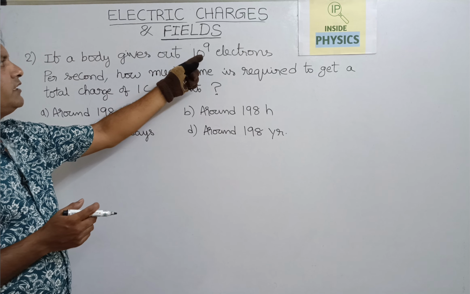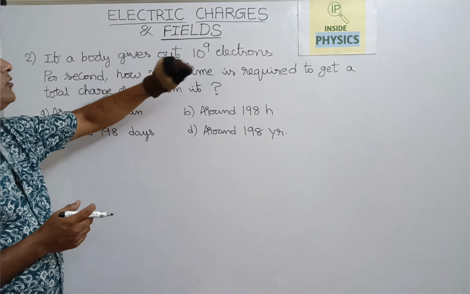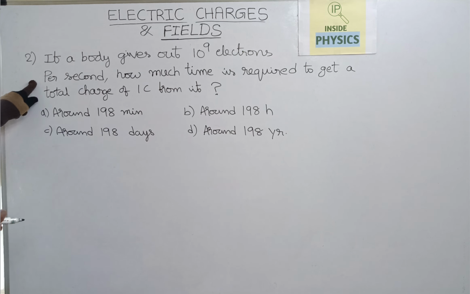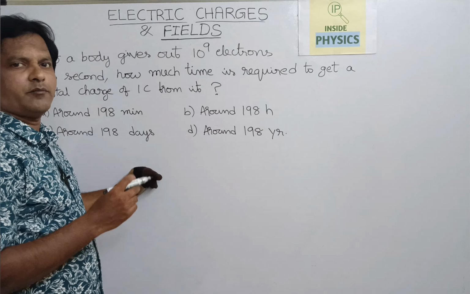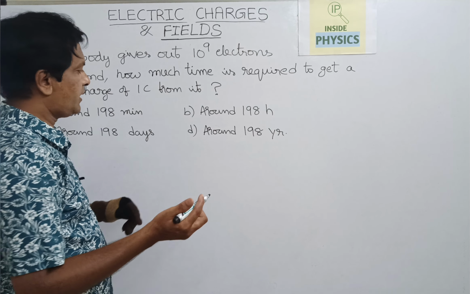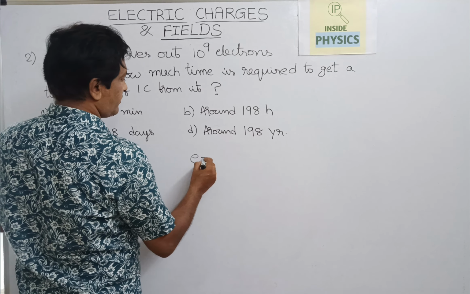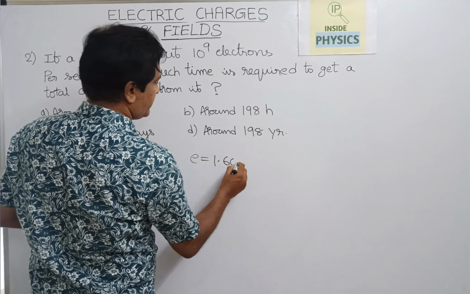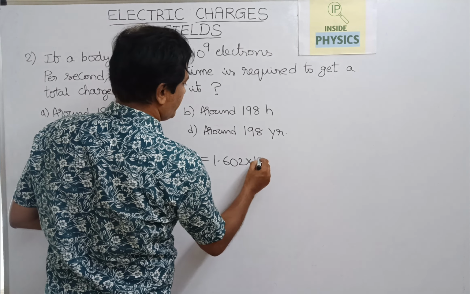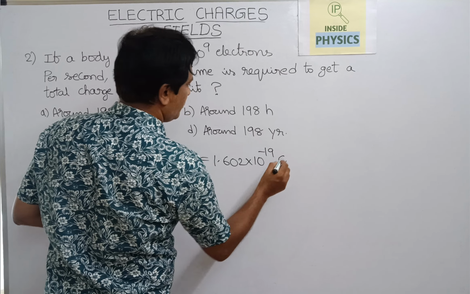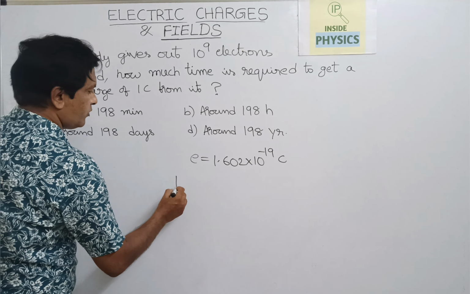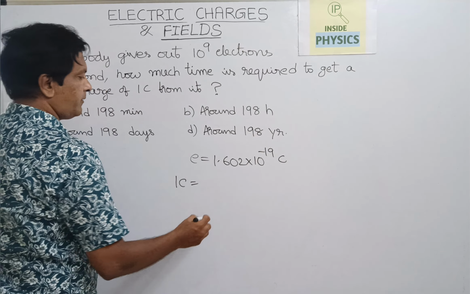Already the information is given: 10 to the power of 9 electrons are given out in 1 second. So how to get the number of electrons in 1 coulomb of charge? We know that the electron charge is 1.602 into 10 to the power of minus 19 coulombs. So in 1 coulomb, how many electrons are there?